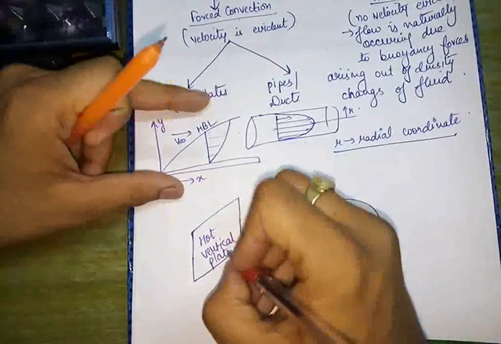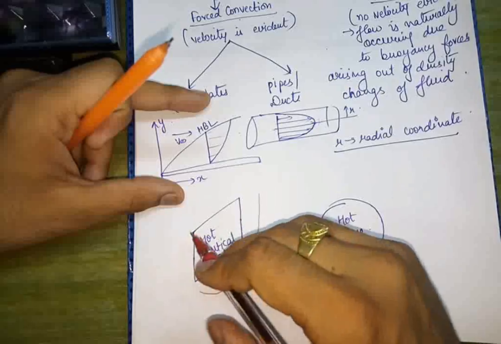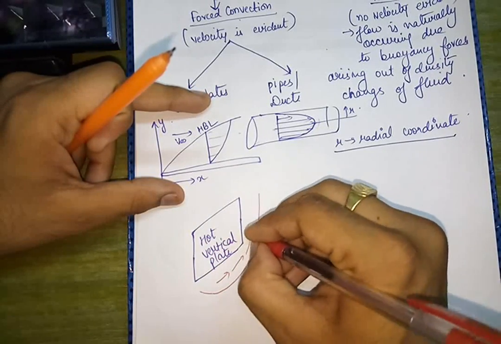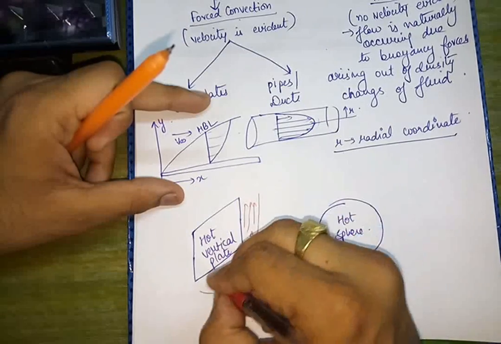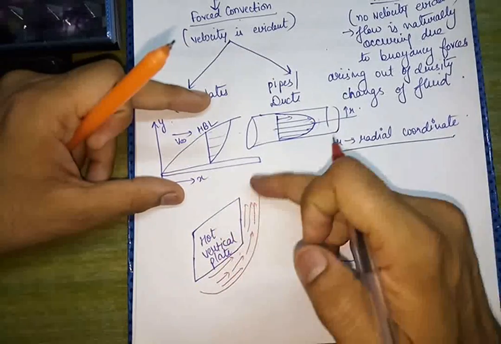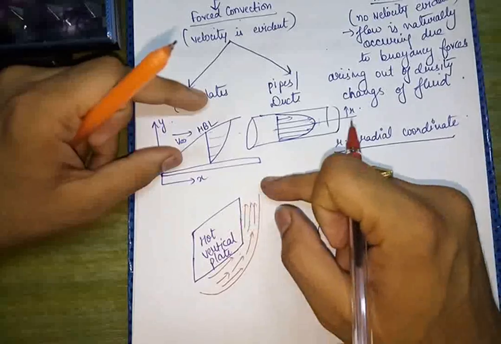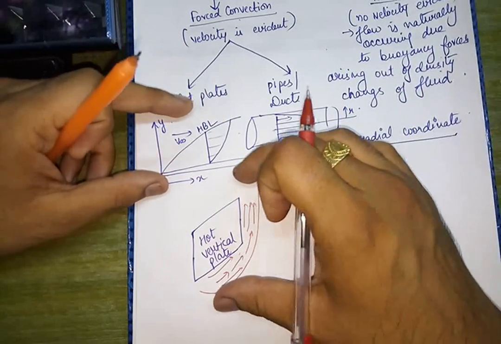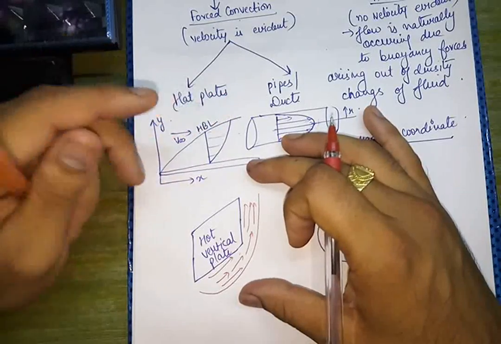For example, if we consider a hot vertical plate at quite a high temperature, the movement of the air or fluid around this plate would be in the upward direction. Why is it moving upward? Because the density decreases as the temperature increases. Why does the density decrease?